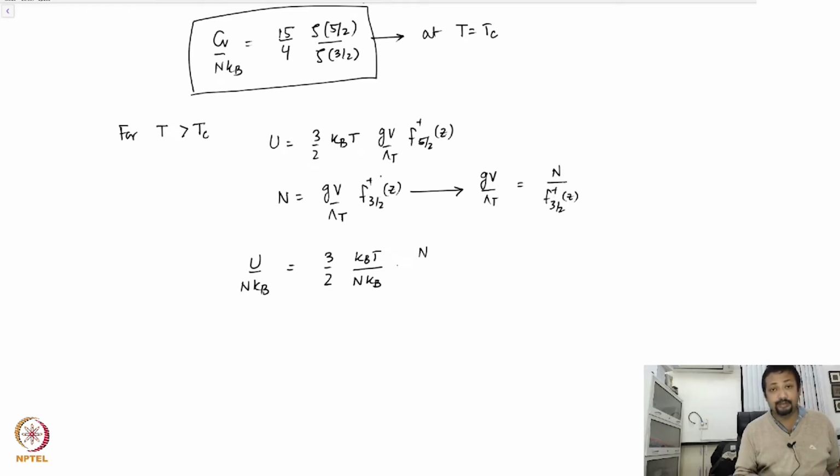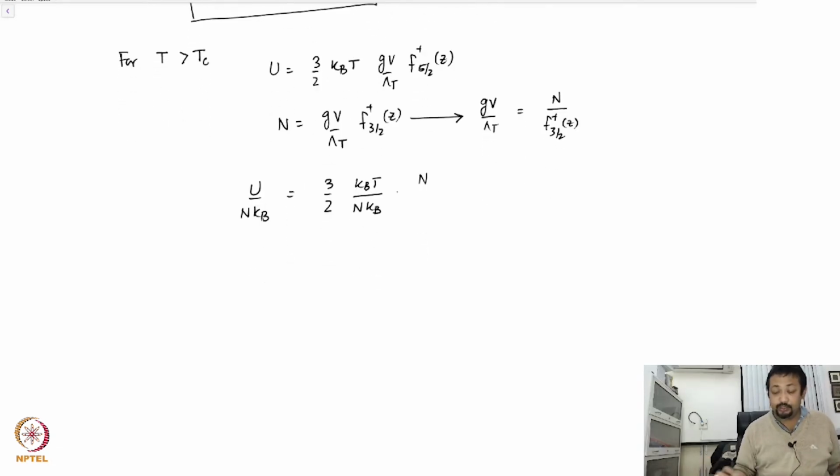I can of course determine the fugacity again and then replace it over here, but it is not necessary to do in this analysis. One can do it more elegantly. So f plus 3/2 z times f plus 5/2 z.